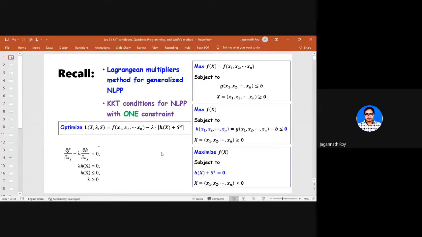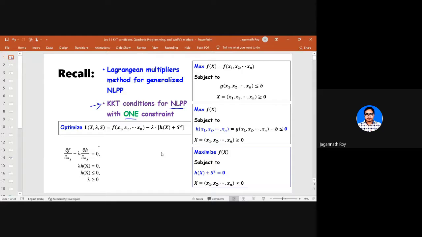So just to recall what we have discussed in the last class, we have seen the Lagrangian multiplier method for a generalized nonlinear programming problem, when we have more than one equality constraint. And then we have also seen the Karush-Kuhn-Tucker conditions for a nonlinear programming problem with one constraint.